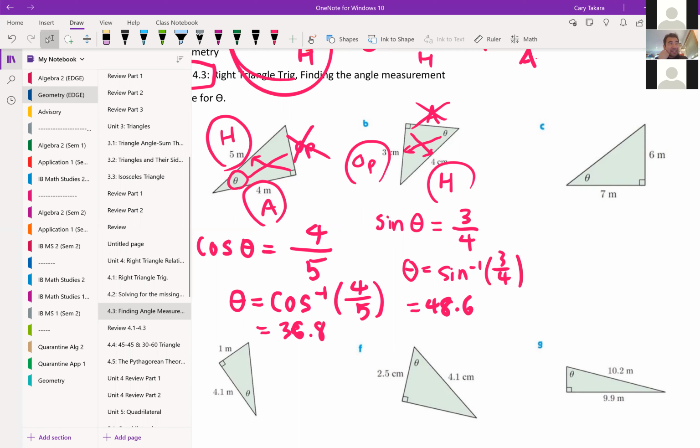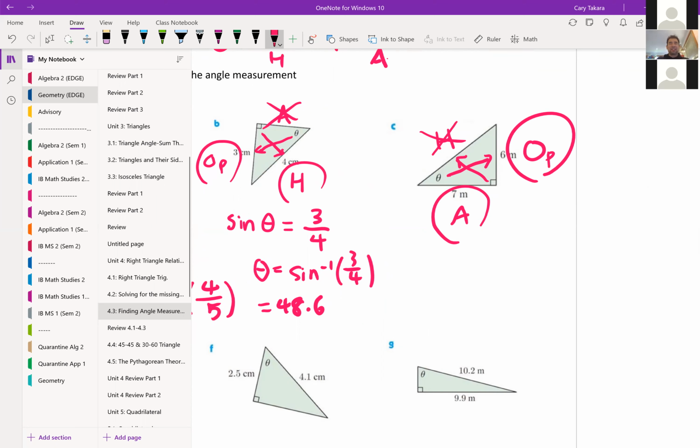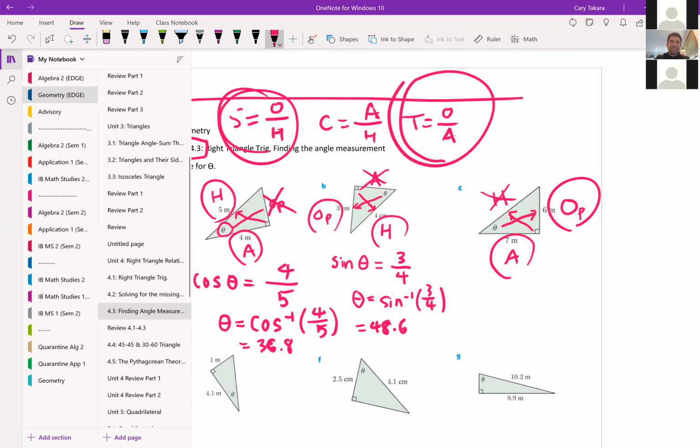This is the tangent problem. Very good. Why? Let's figure out. It's opposite. There's nothing on a hypotenuse. And then 7 is adjacent. It's an O and an A combination. That's tangent, isn't it? Nice job.